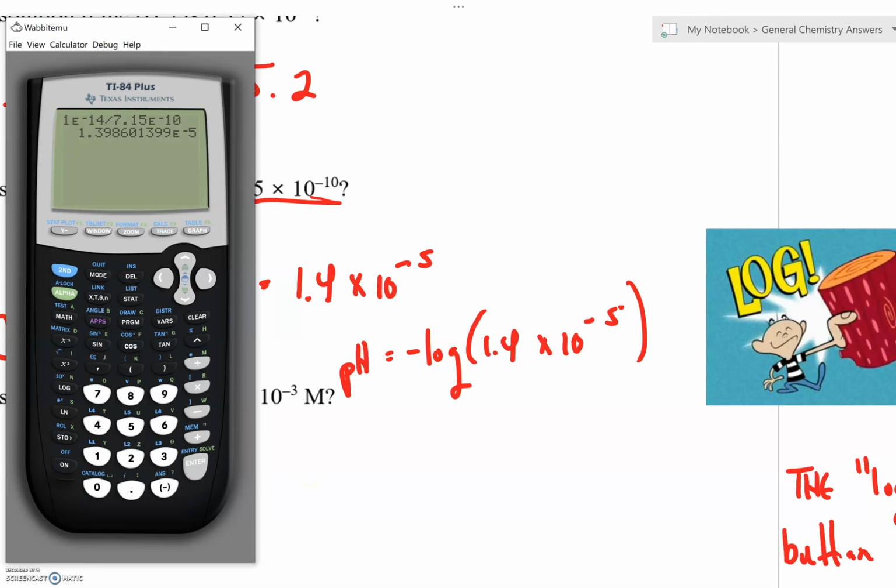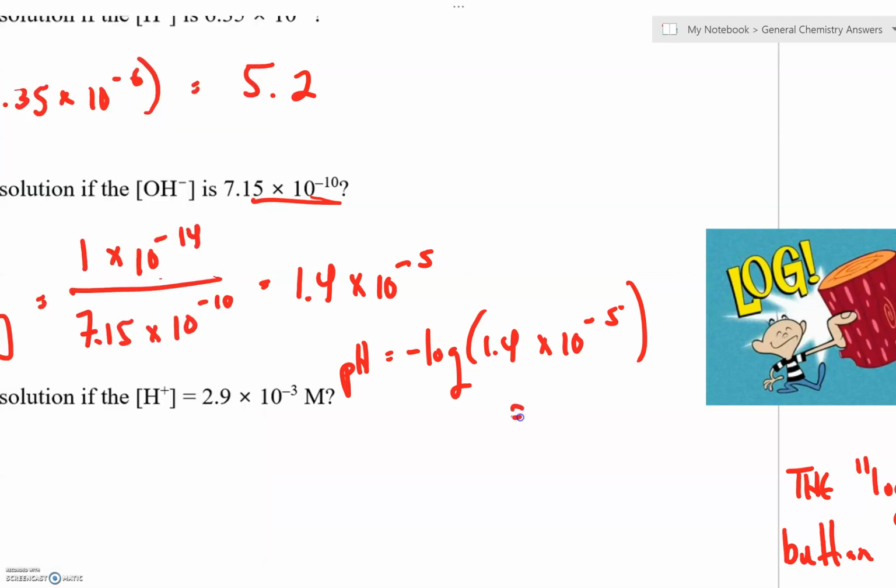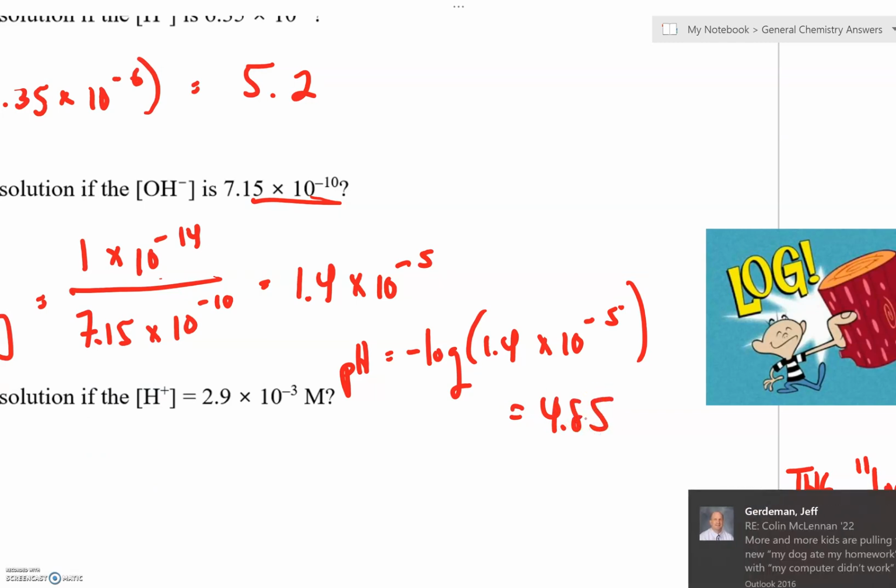It's the shift function of the negative button right next to the enter button. Watch what happens. We'll say negative log. I'm going to say second answer, and what that is doing is taking the answer from the previous problem, so I don't have to enter it again, and our pH is 4.85. Okay, you guys getting the hang of it?